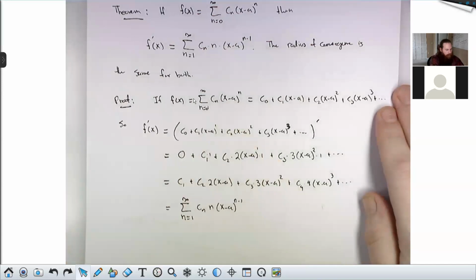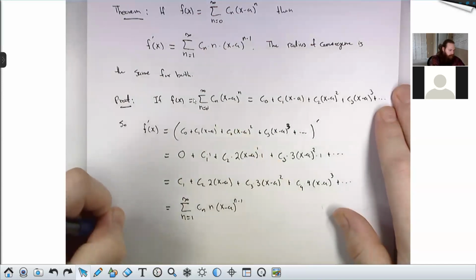This is the proof. The fact that the radius of convergence doesn't change comes from the ratio test.